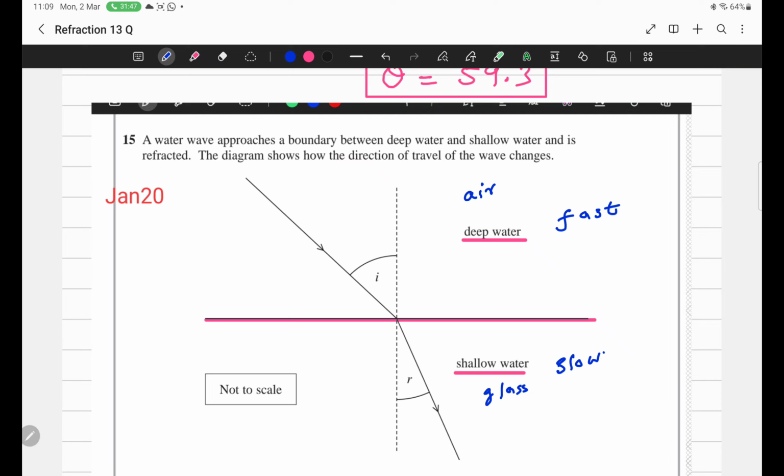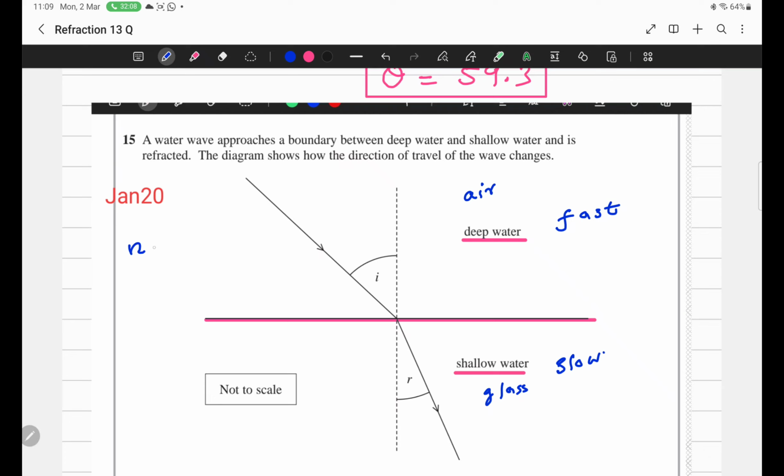Although deep water is not air and shallow water is not glass, I am only doing this to explain with ease. I am considering deep water as air because the speed is fastest, and shallow water as glass because the speed is slowest.